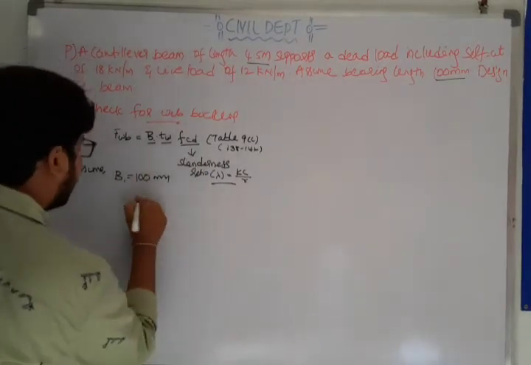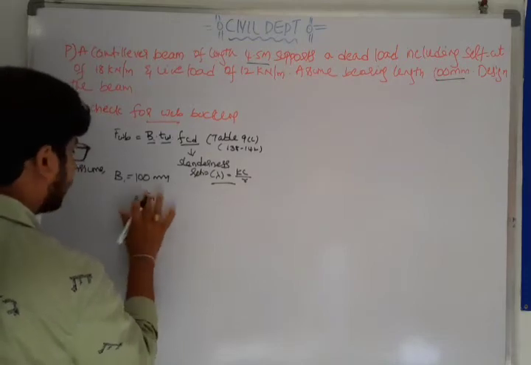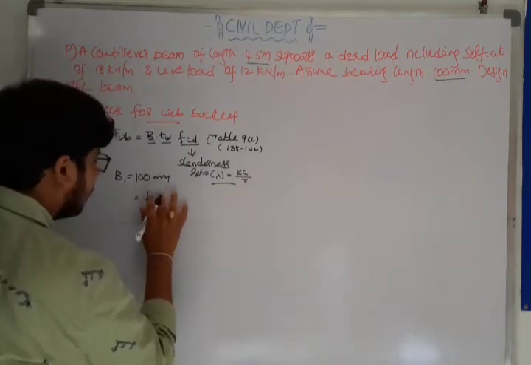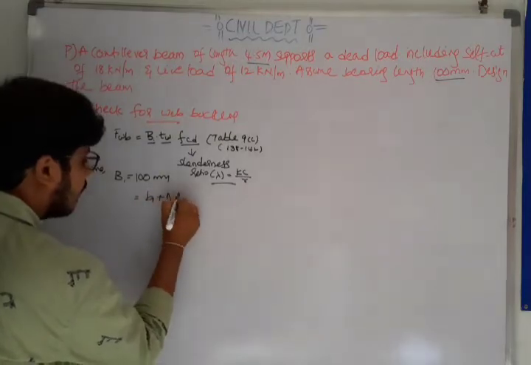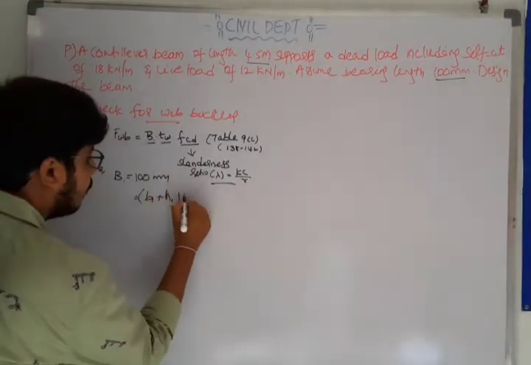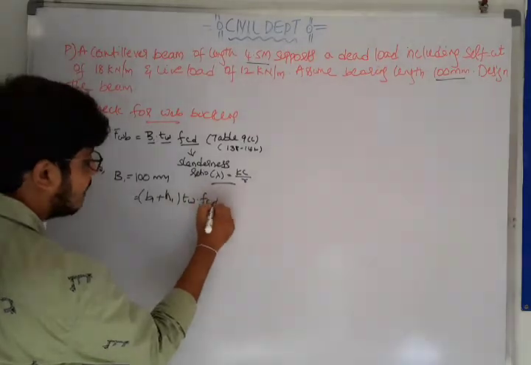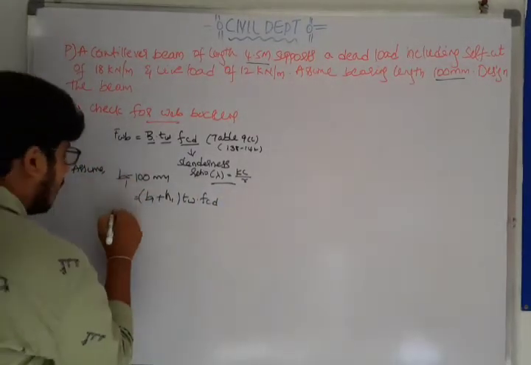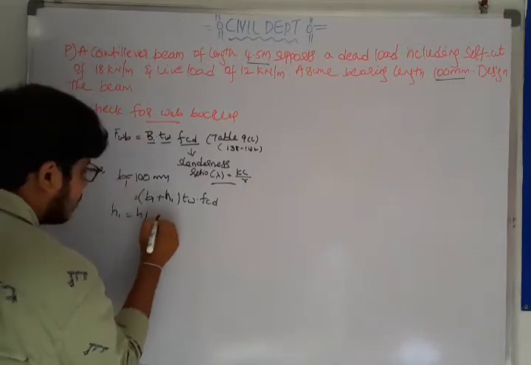So the formula will be like this: (B1 plus H1) into TW into FCD. Here, assuming the B1 value as 100 mm and H1 is equal to H by 2.